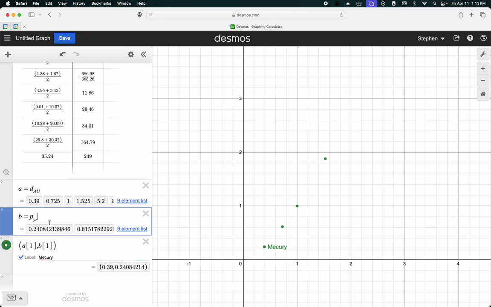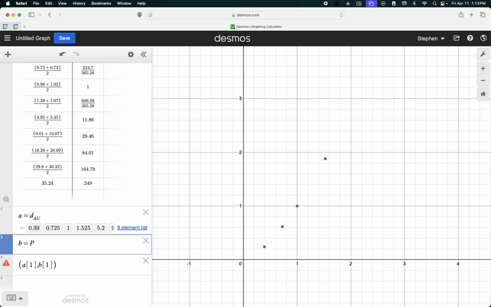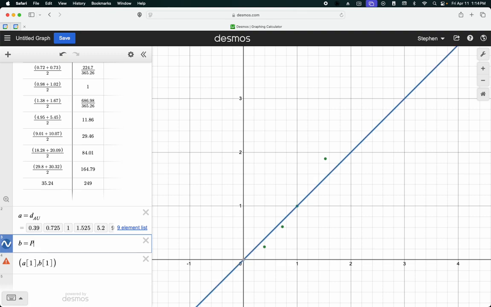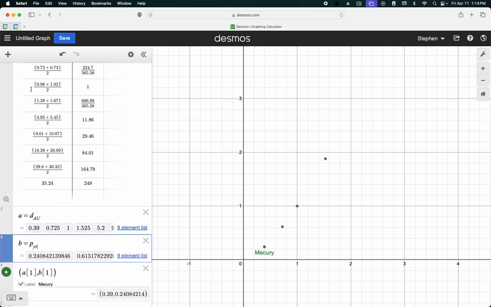If you misspell this at all, it might give you a line. If you do uppercase P sub YR, it doesn't know what that is, so it's just giving you a starter line. But if I do lowercase p underscore YR, exactly as I spelled it up here in my table, then that's giving me a convenient name for that column.